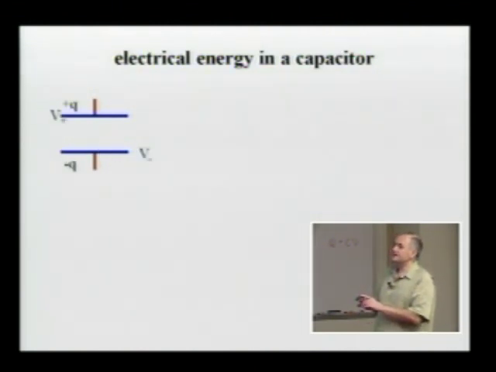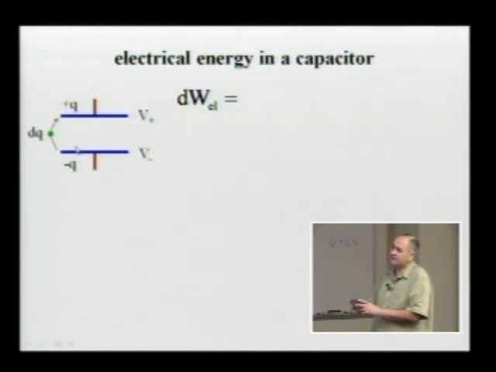So let's say that at a particular instant of this process, charge on the bottom plate is minus q, on the top is plus q, and we transfer more electrons whose charge will be minus dq from the top plate to the bottom plate, which is equivalent to transferring charge dq from the bottom plate to the top plate.